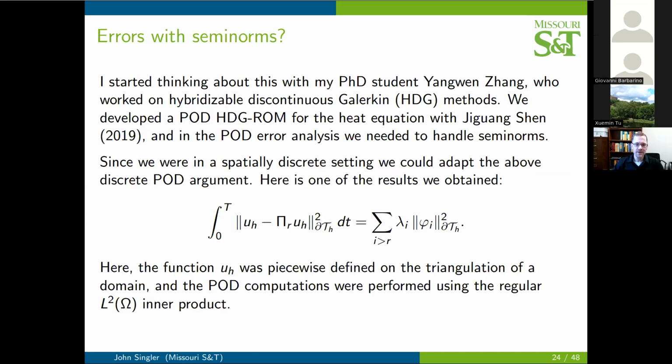All right, so errors with semi-norms, briefly. My former PhD student, Yangwen Zhang, did not work on reduced order modeling with me except for one paper. He did hybridizable discontinuous Galerkin methods, or HDG methods, and we did a lot of control problems.